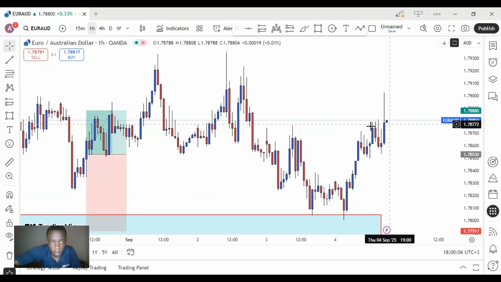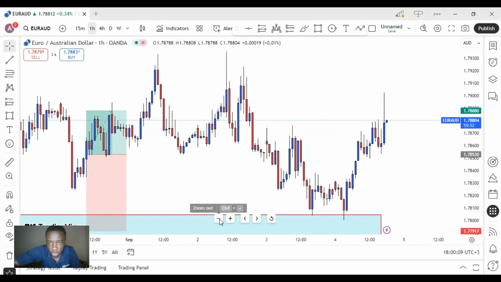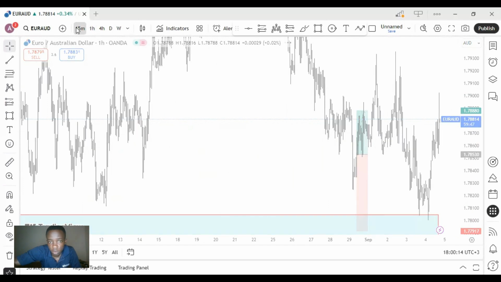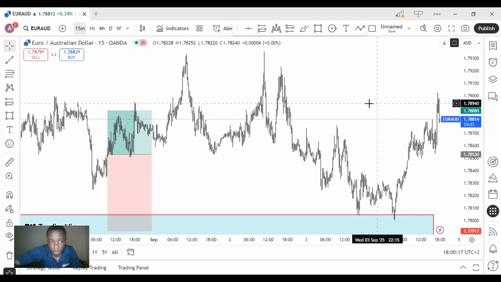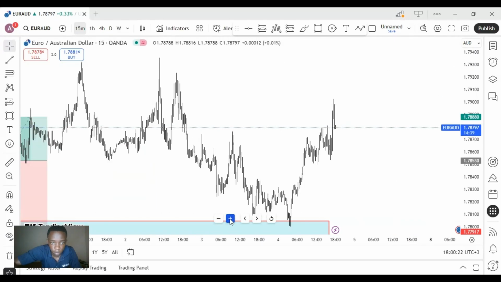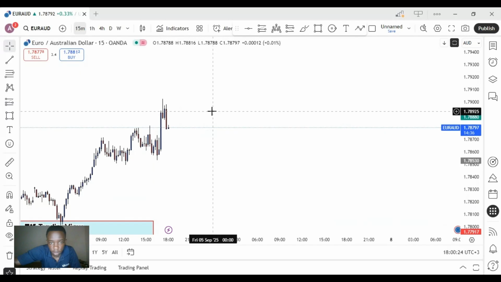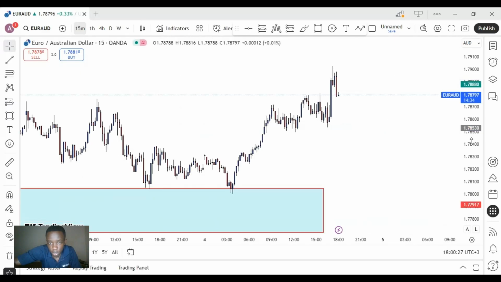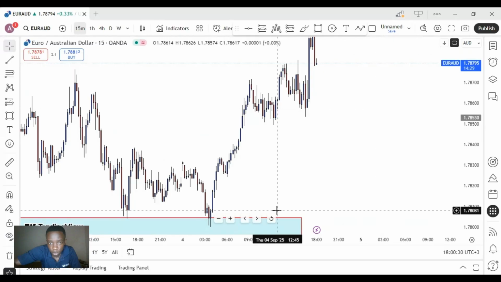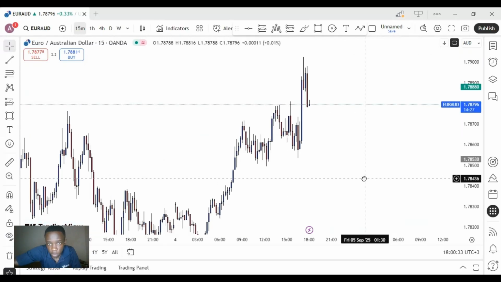Then for our entries, we should go on the 15-minute time frame. On the 15-minute time frame, we see that price already touched our key zone and is already pushing massively to the upside.